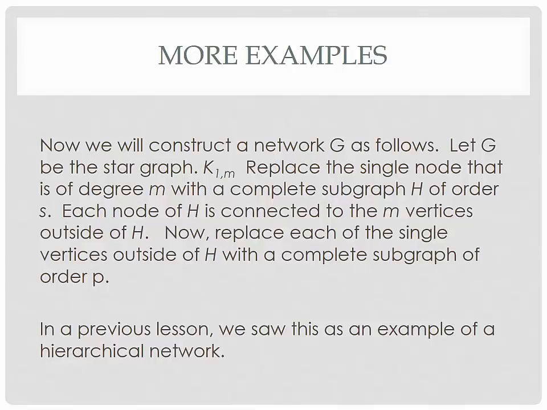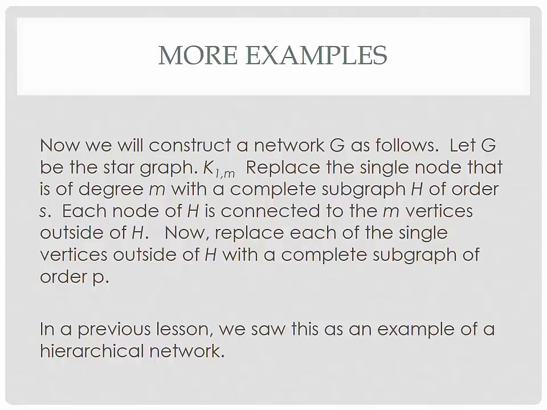Now let's take the central vertex, or the central node that is of degree m, and replace it with a complete graph of order S. Now, each of the nodes in the complete graph of order S is connected to the M nodes on the periphery.